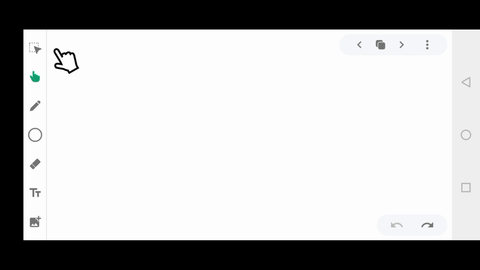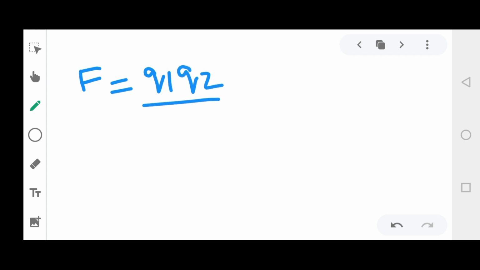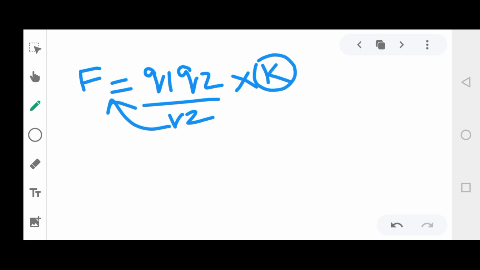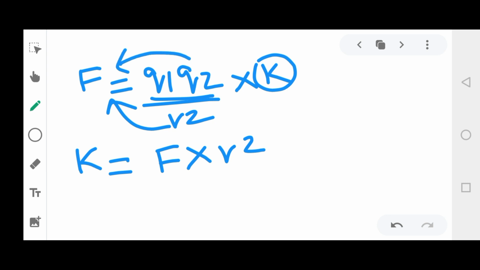It is very easy, as we know the formula F is equal to k into Q1 into Q2 over R square. We take this R square to the other side, so k will be equal to F into R square over Q1 into Q2, because Q1 into Q2 is in the denominator and when it goes to the other side it stays in the denominator.